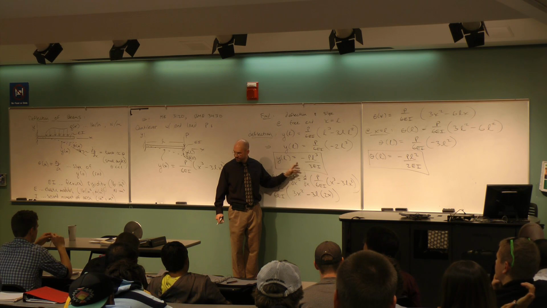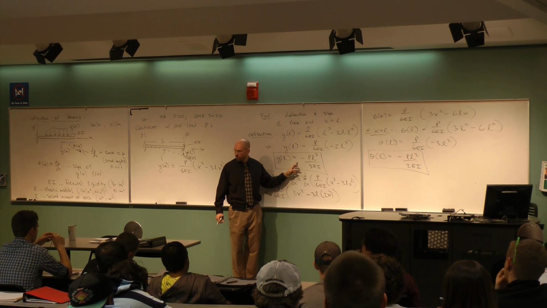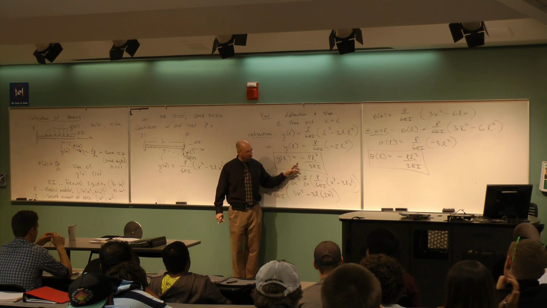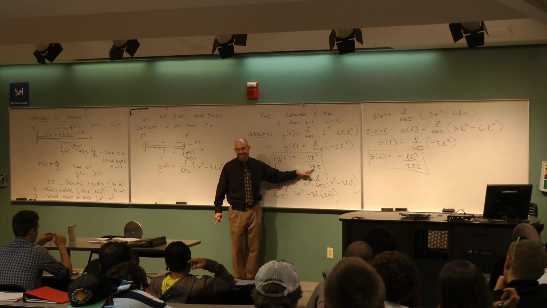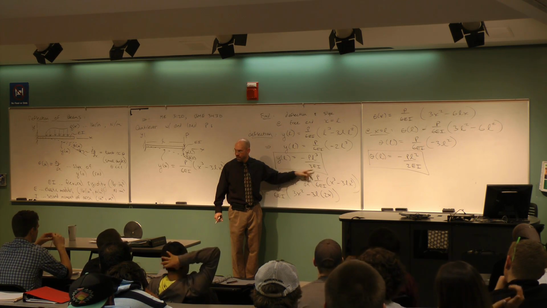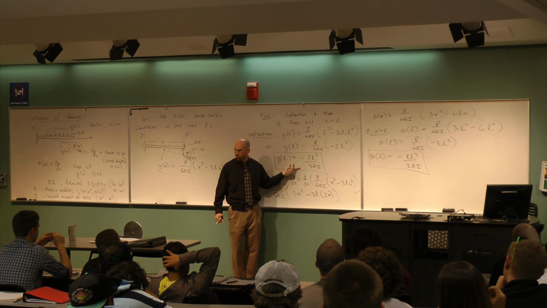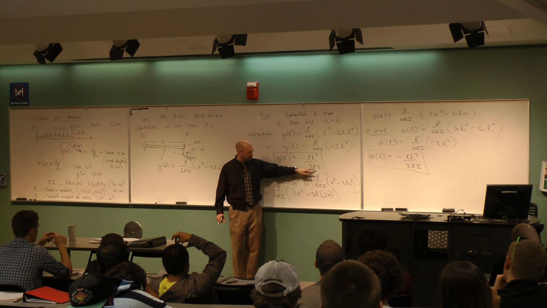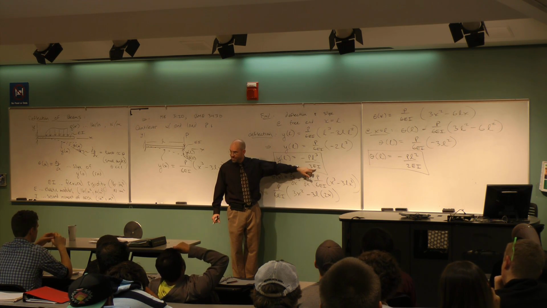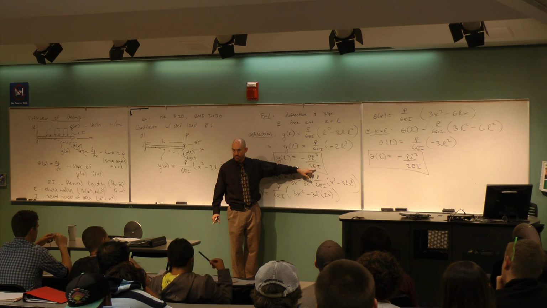So the material is what, one of these letters here? It's the E value. So if the E value is 3 times bigger, then the deflection is what? Is it a 1/9 less? It's just a 1/3, right? I replace the E with the 3E and I get 1/3.